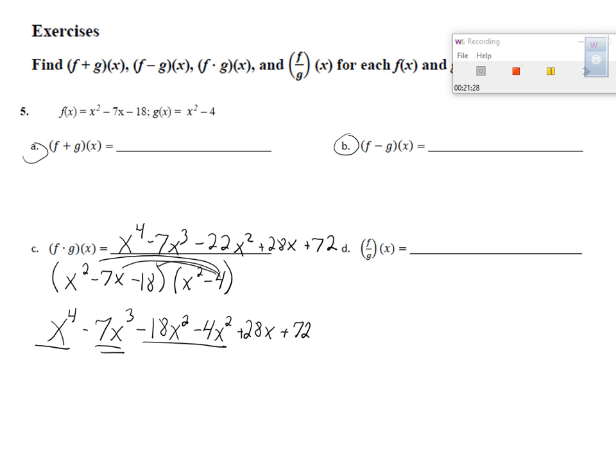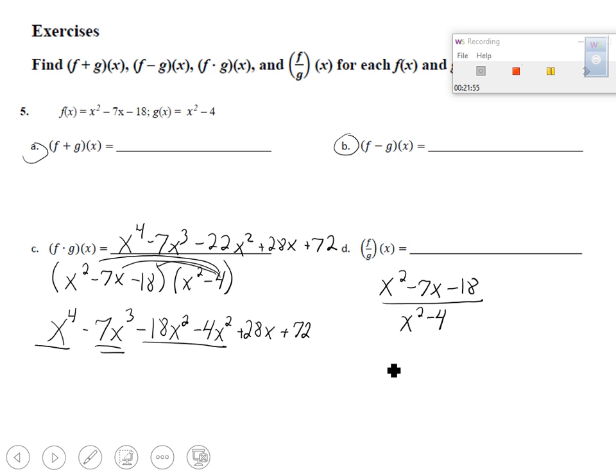Now be careful on letter D again. I've got f of x divided by g of x. So this will be our last one, guys. f of x is (x squared minus 7x minus 18) over (x squared minus 4). Let's stop for a second and concentrate on the denominator. Let's look at x squared minus 4 and set that equal to 0.